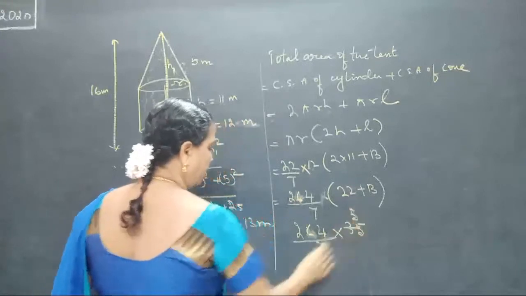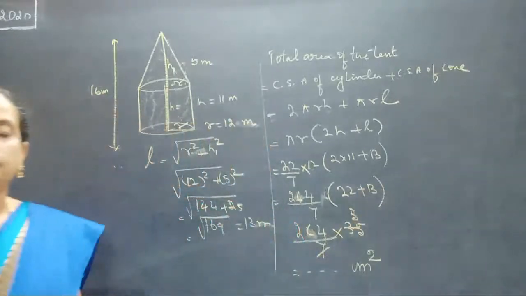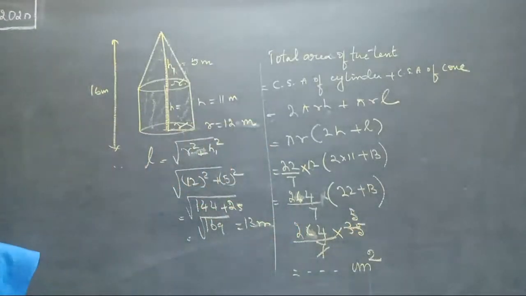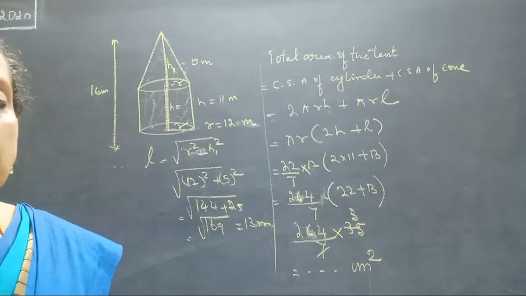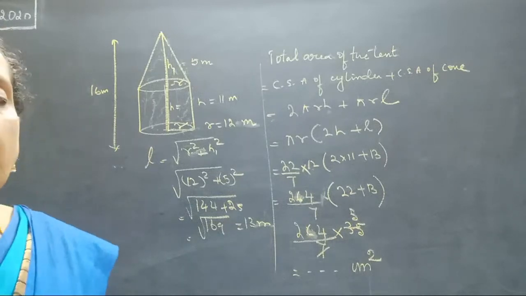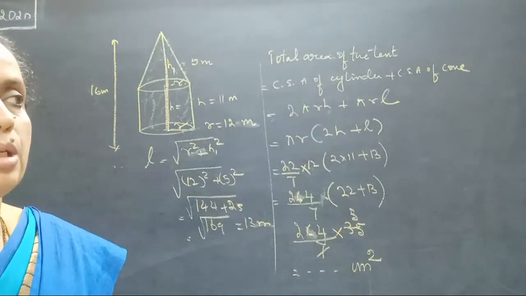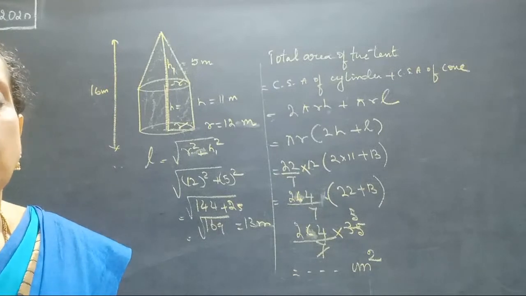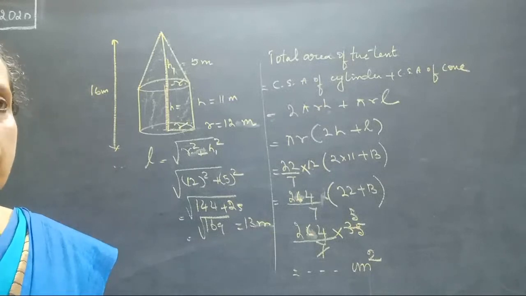Cancel, get the answer in centimeter square. Get the product. 1320 meters square. Total area means we use the unit meter square or square meter.